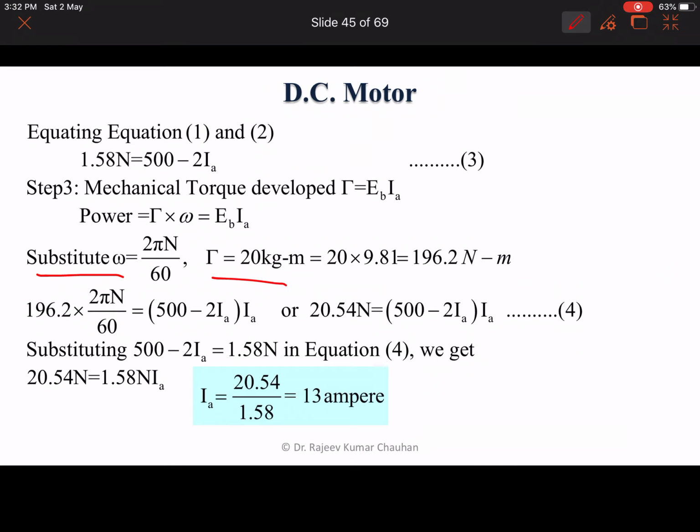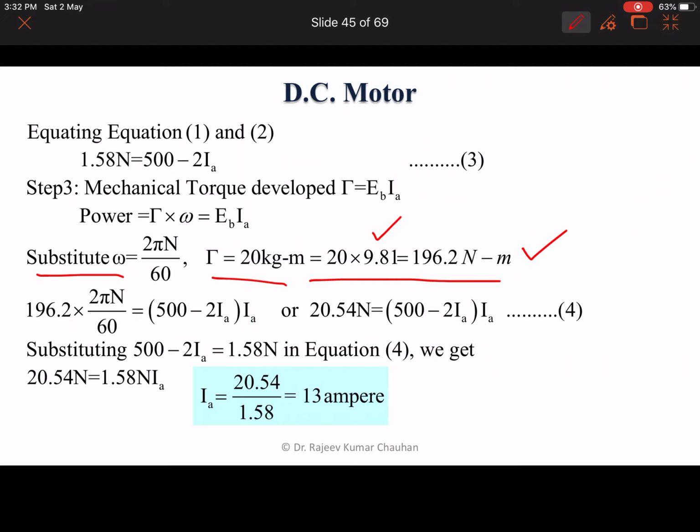Tau is equal to 20 kilogram meter. So first of all we have to convert it into Newton meter. So what we have to do? We have to multiply it by 9.81. So it will be 196.2 Newton meter.